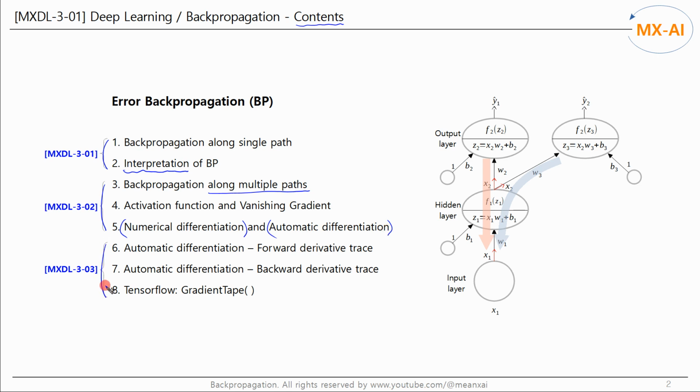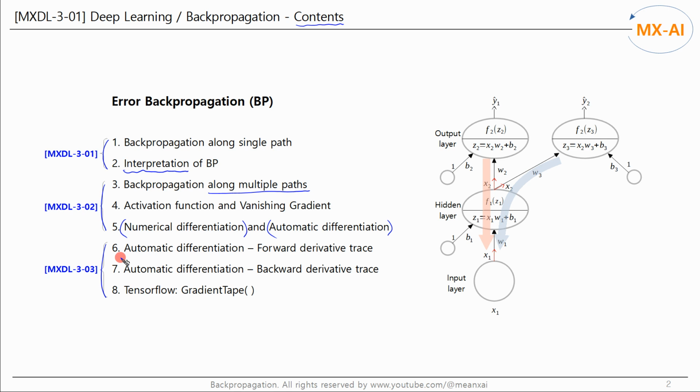In the third video, we will take a closer look at automatic differentiation. In the artificial neural network series, the neural network was approximately implemented using numerical differentiation. However, in order to accurately implement a neural network, automatic differentiation must be used.